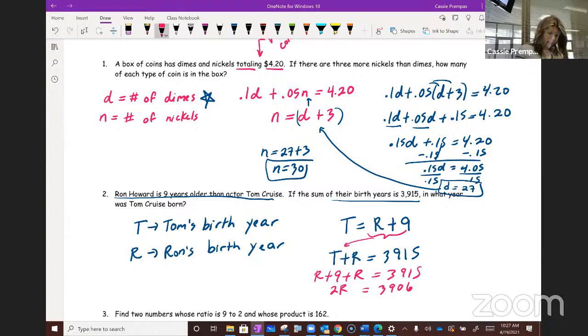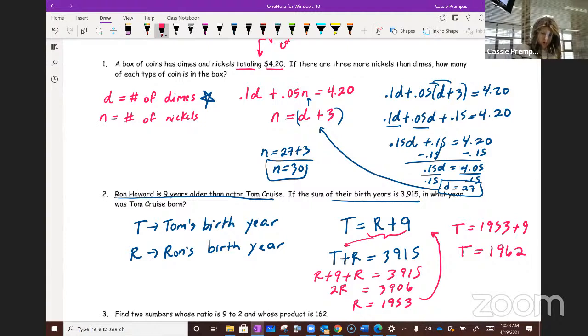Divide by 2, and I find that Ron was born in 1953. How do I figure out Tom's birth year? Plug it in, add 9 to it, and I find that Tom was born in 1962. So, yeah, he's pretty old.